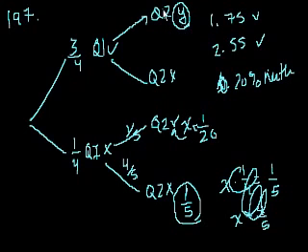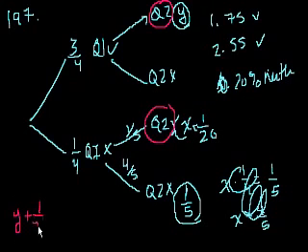So if you think about it, y plus 1/20 represents all of the people who answered question 2 correctly. All the people who answered question 2 correctly, I know it's a little confusing, are those people and those people. That's all the question 2's answered correctly. We already know that this is 1/20th of the population. And we know that y plus 1/20th of the population is equal to 55% of the population.